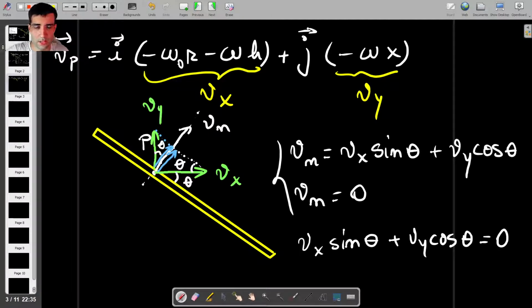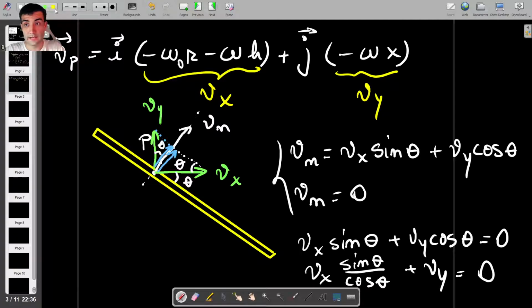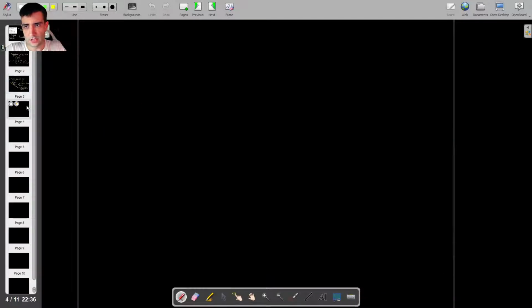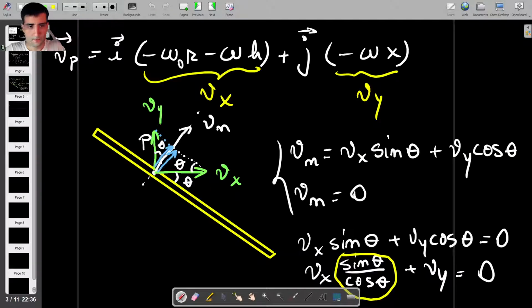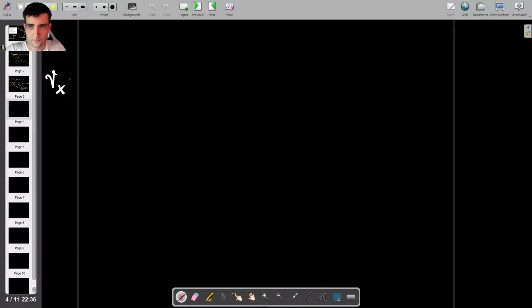And if we actually divide by cosine theta, we get Vx times sine theta over cosine theta plus Vy is equal to 0. Now, the reason I did that is because this here is now equal to tan theta, that we already have an expression for. So if I rewrite that here, I have Vx times tan theta plus Vy is equal to 0.